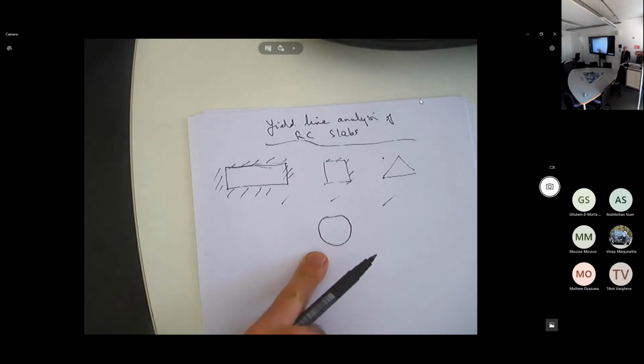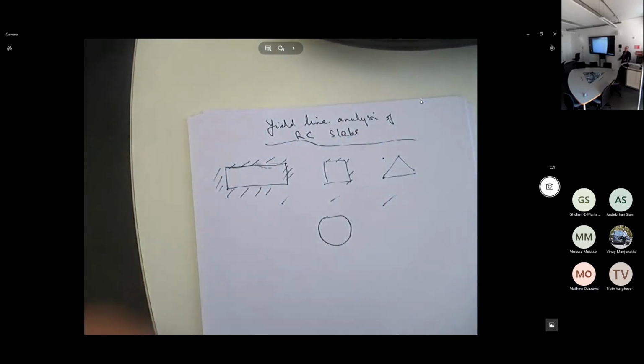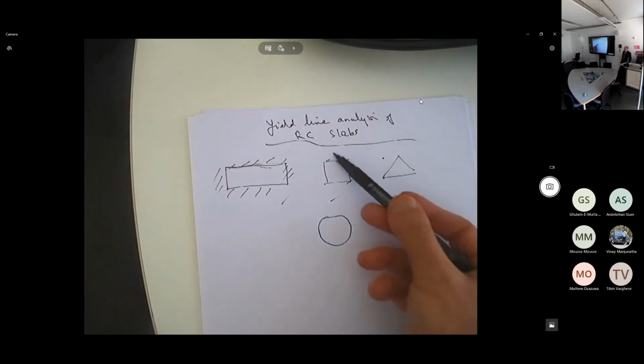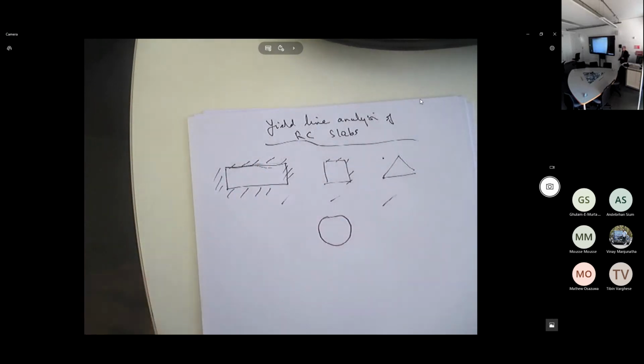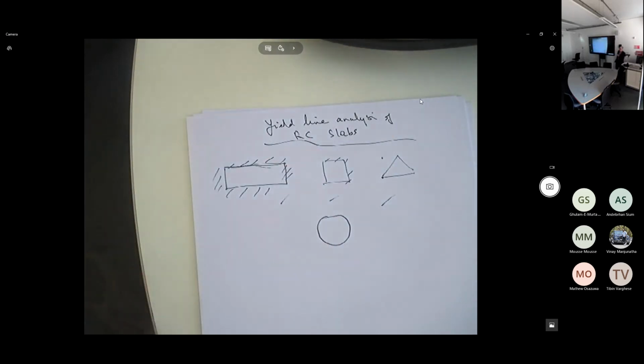So all I'm asking you, please, is to go over the examples that we covered in class. The only thing that will happen in an exam setting is maybe changing the boundary conditions, the support, or the dimensions. But really, everything that you need to know about slabs using yield line we have covered in class. I'm not going to give you any awkward trapezoidal shape of a slab or a hexagon or whatever.